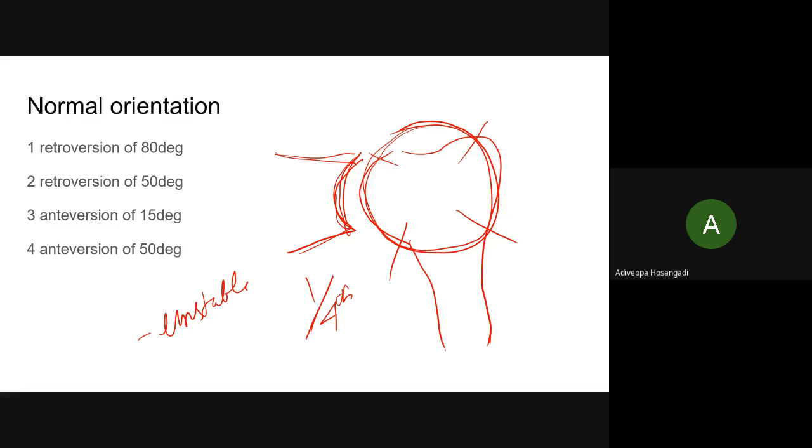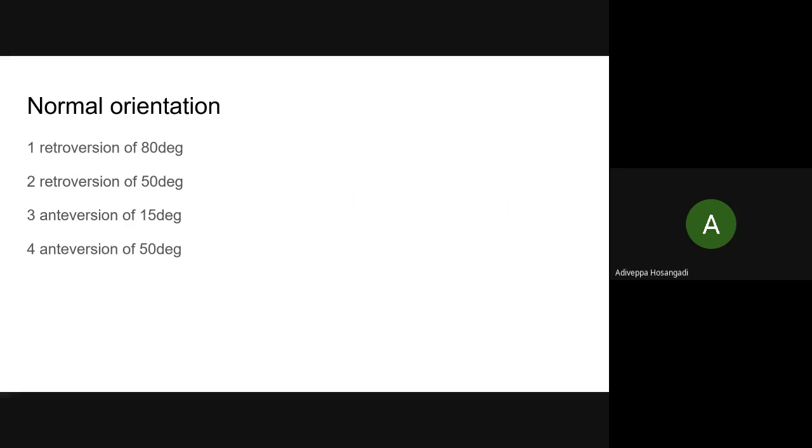Unlike the hip, which is a very stable joint, the shoulder is an unstable joint. That's why it is the most common joint for dislocation. Please remember that. It is compared to a tee kept in golf. I don't know how many have seen golf or are playing.